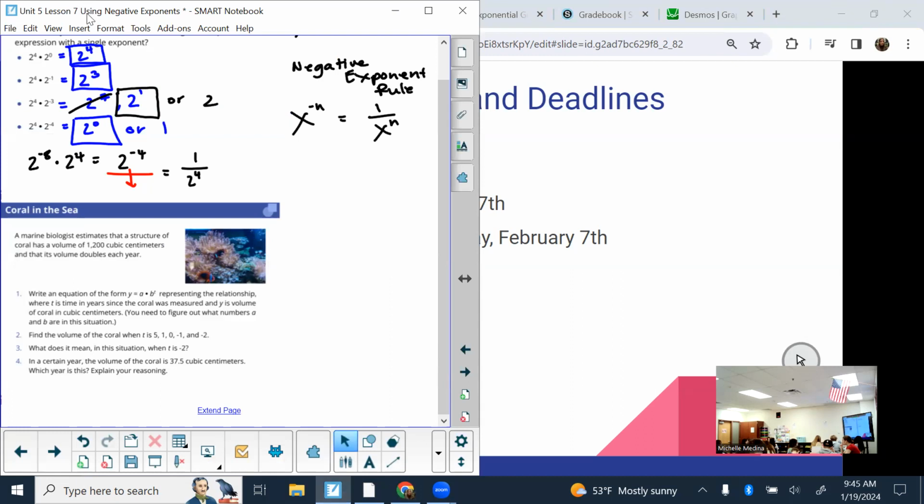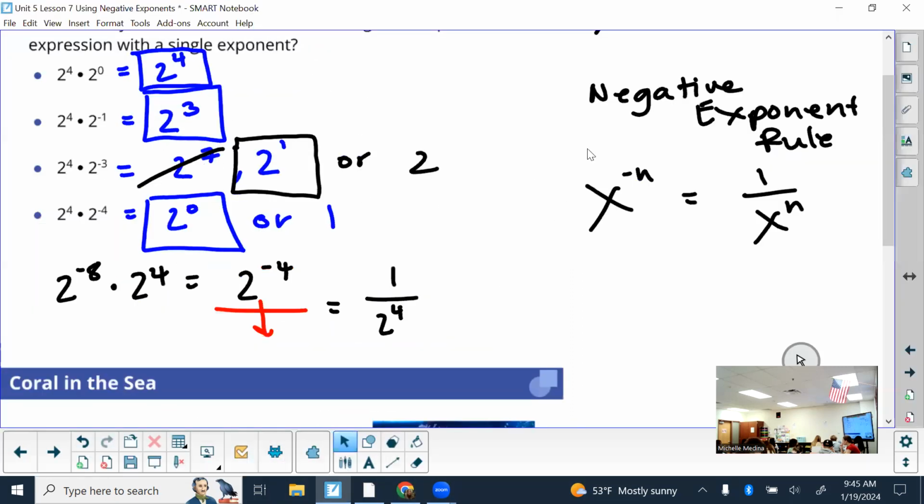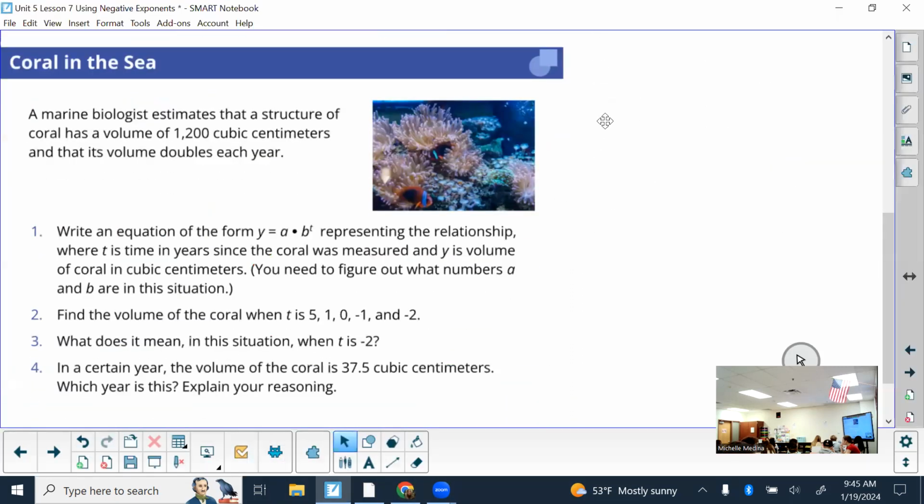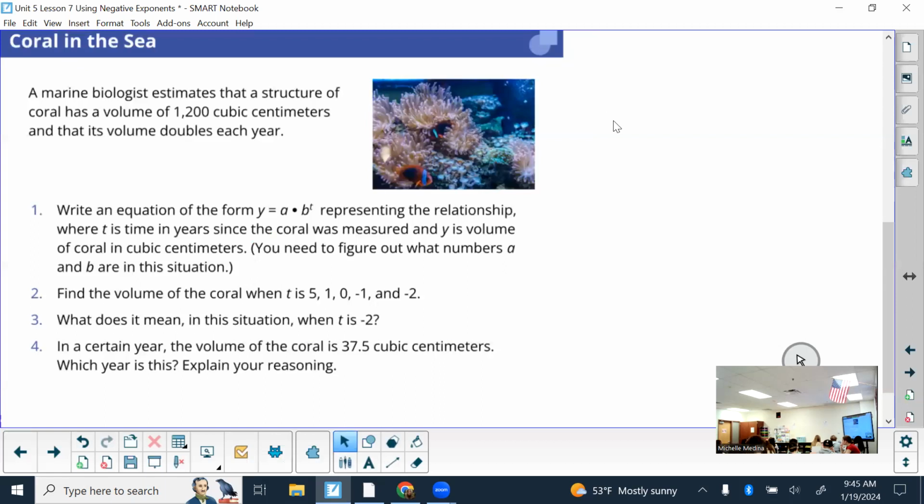Okay. So first activity. Coral in the sea. A marine biologist estimates that a structure of coral has a volume of 1,200 cubic centimeters and that its volume doubles each year. You're going to write an equation in the form y equals a times b to the t, representing the relationship, where t is time in years since the coral was measured, and y is volume of coral in cubic centimeters.